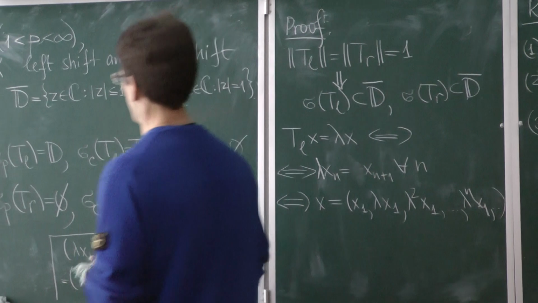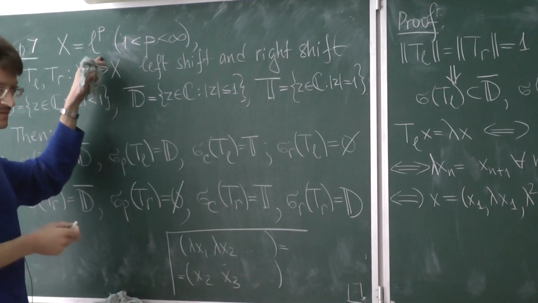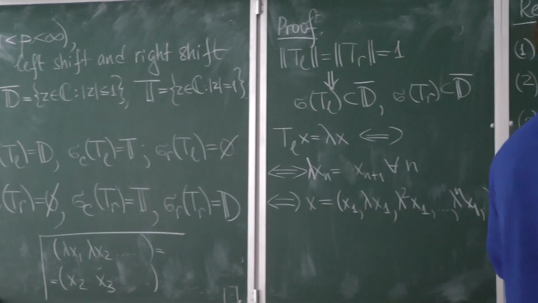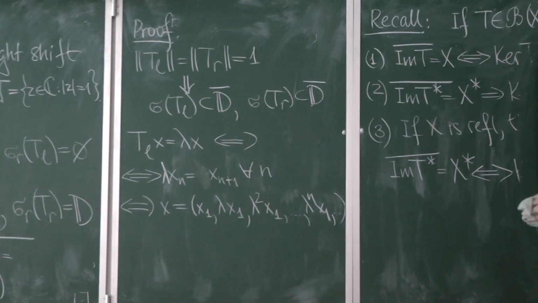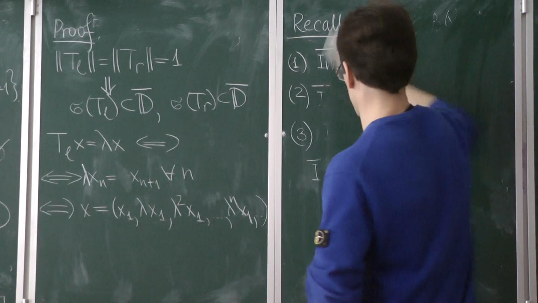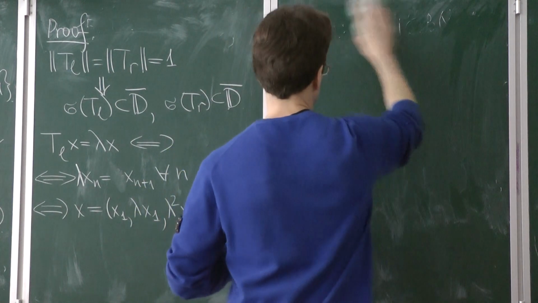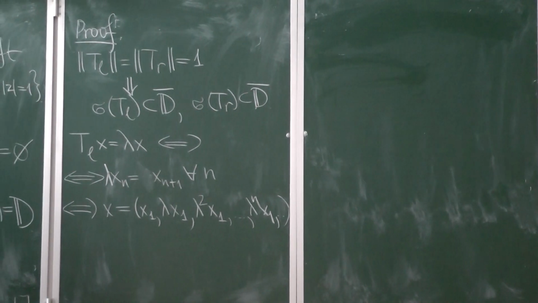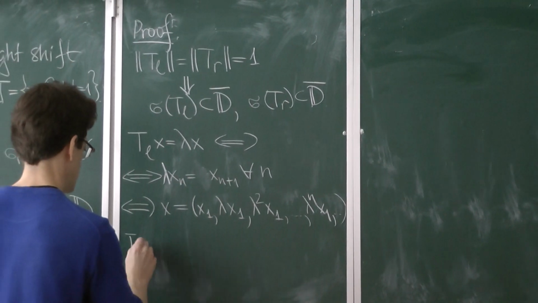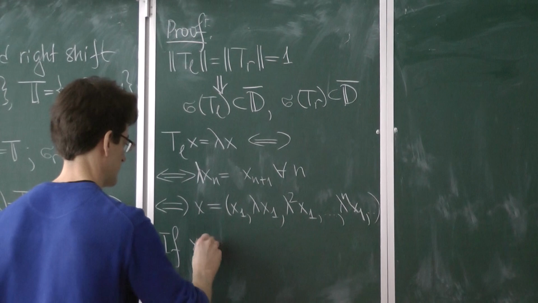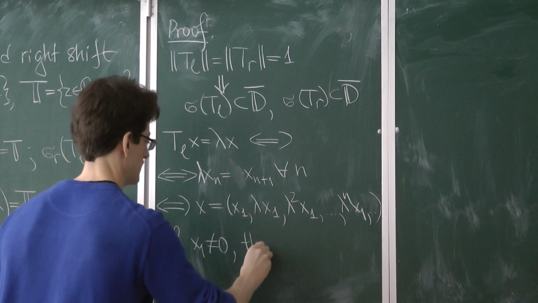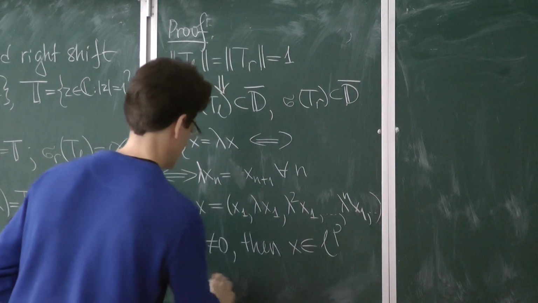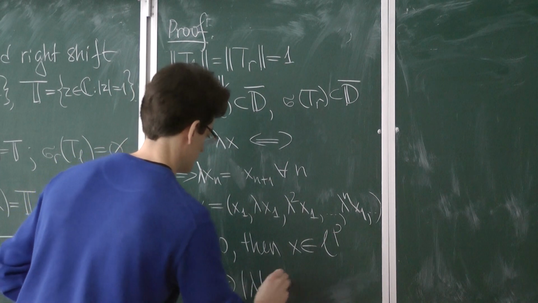We have l^p, but this doesn't matter, because if x1 is non-zero, then it's clear that this element x sits in l^p if and only if the modulus of lambda is smaller than 1.